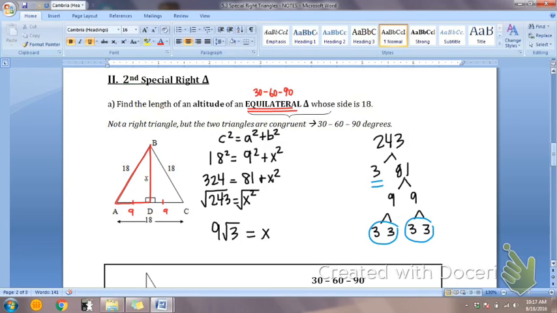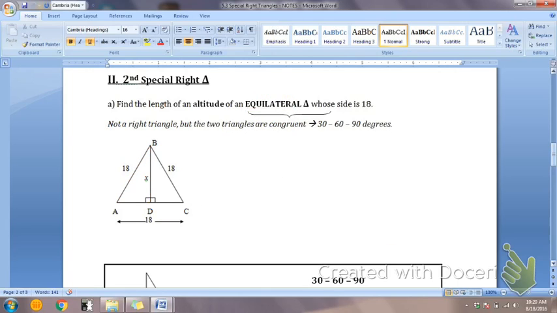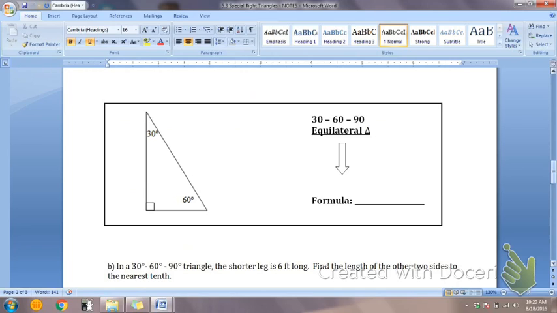Okay, so when we have a 30, 60, 90 triangle, our pattern is a little bit different, and we have a couple other things to consider. In this diagram down here, across from 30 degrees is this smallest leg. Remember we did in chapter 4 which leg is the smallest across from the angle?